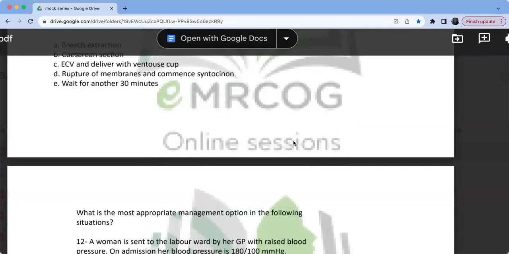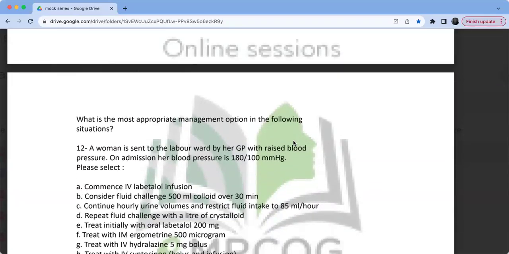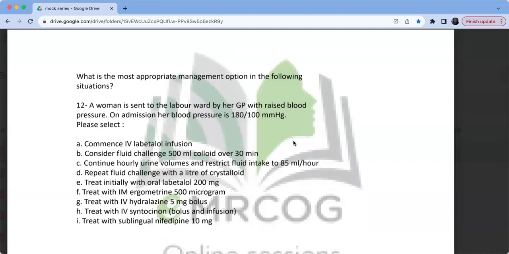Yes. What is the most appropriate management option in the following situation? A woman is sent to the labor ward by her GP with raised blood pressure. On admission, the blood pressure is 180 over 100. Please select. If the woman is admitted in the labor ward with severe hypertension, but her general condition, okay, she can take oral.